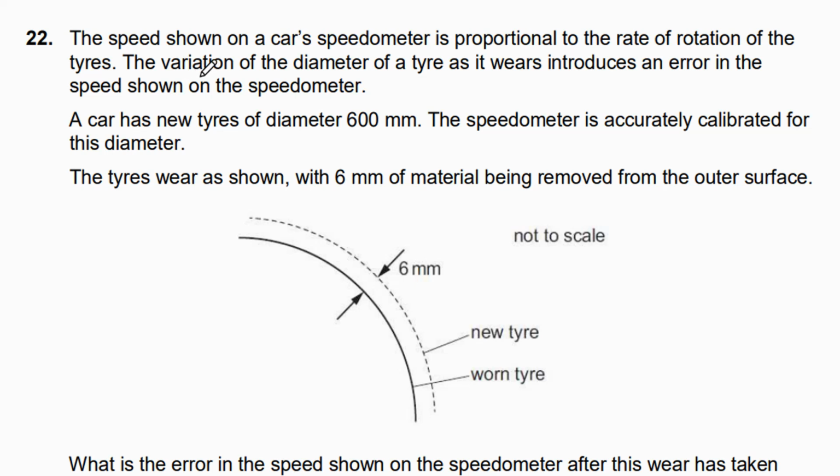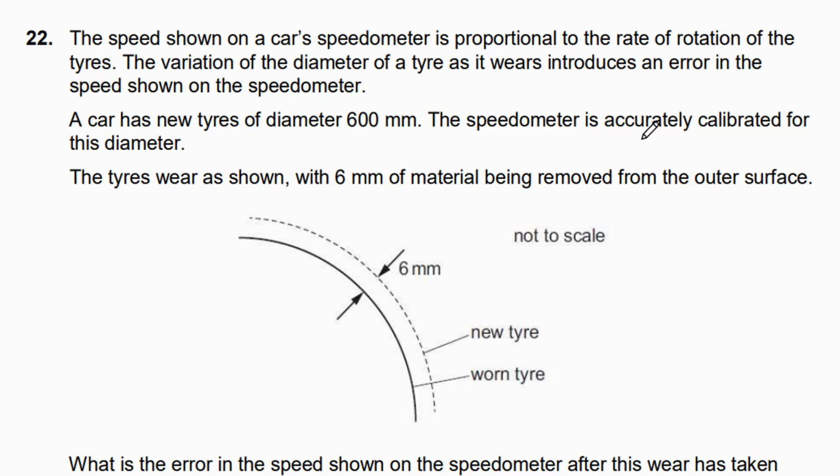Then it says the variation of the diameter of a tire as it wears introduces an error in the speed shown on the speedometer. So basically the tire wears out after a while, and that causes an error in the speed shown on the speedometer. A car has new tires of diameter 600 millimeters.